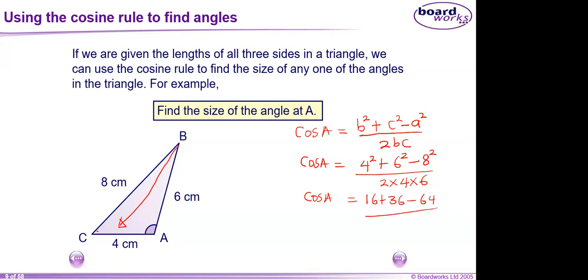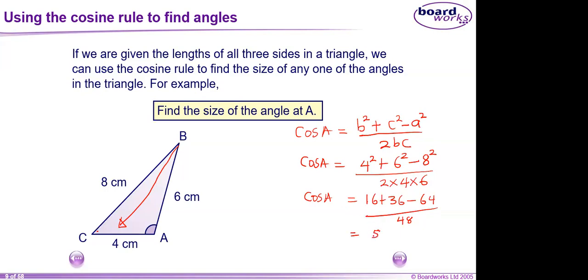Out of 2 times 4 times 6? 48. Can we look at the numerators? 16 plus 36 minus 64. 52 minus 64 divided by 48.